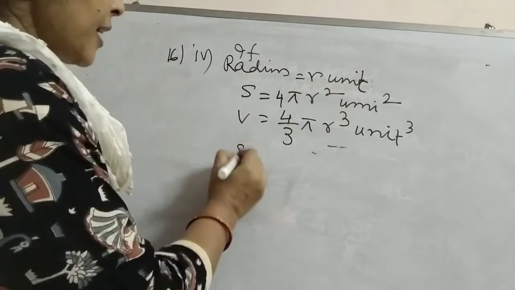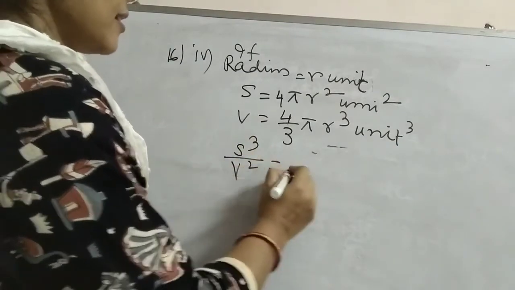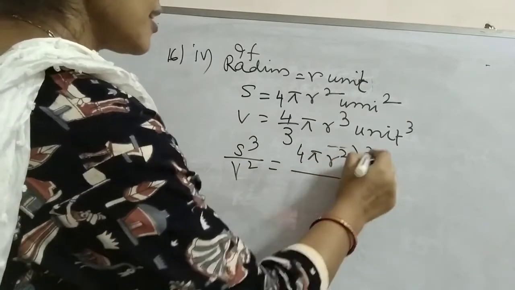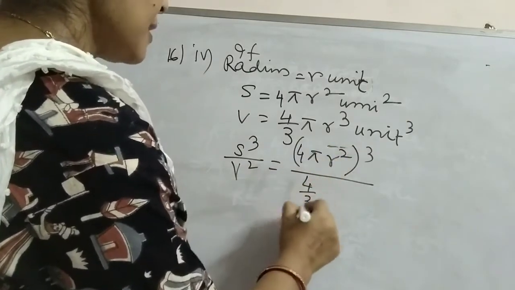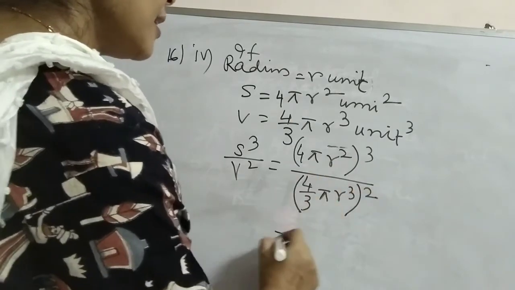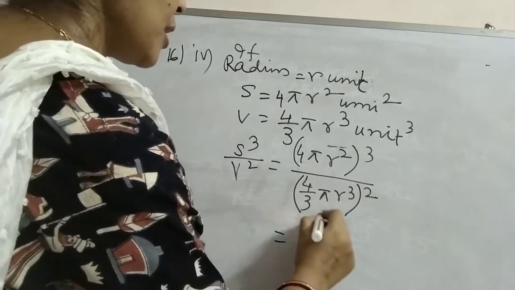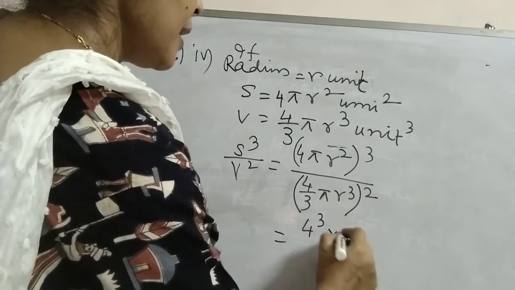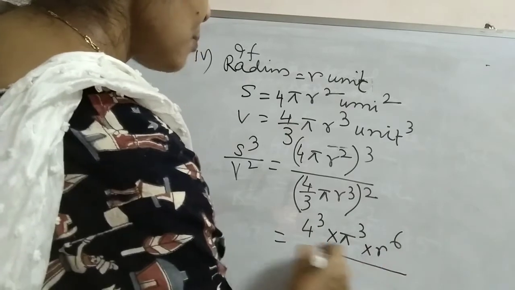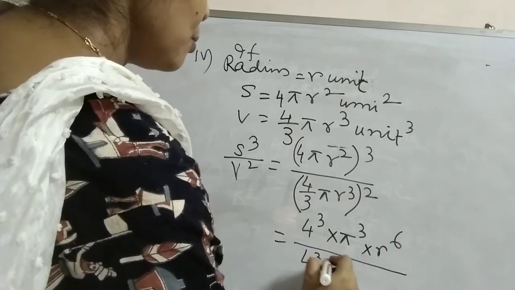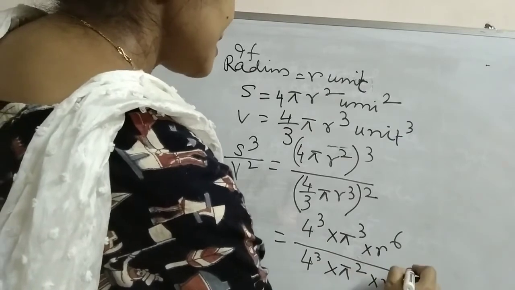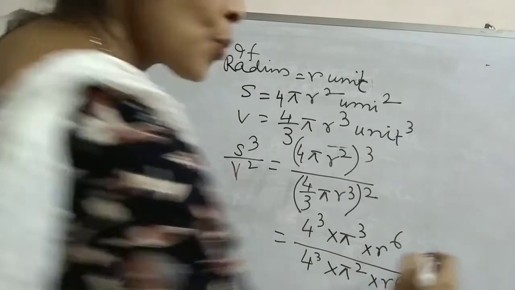I calculate S cube by V square, that is 4 pi r square whole cube by 4 by 3 pi r cube whole to the power square, equal to 4 cube into pi cube into r to the power 6 by 4 square into pi square into r to the power 6 by 3 square.